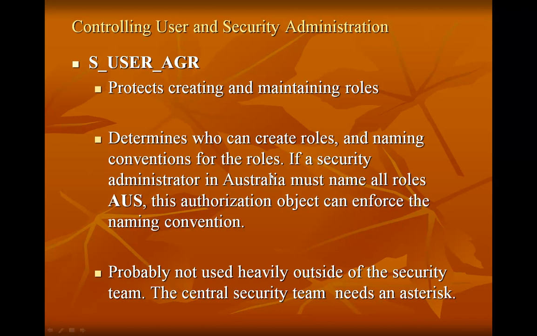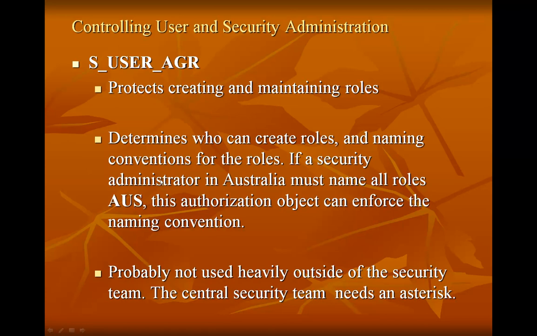For example, if a security administrator is in Australia, and Australia must name all roles beginning with AUS, this object can enforce that naming convention. If the Australian administrator wants to create roles beginning with AUS, then this object will contain 01, 02, 03, etc. in the activity field, and the second field, for role names, will contain AUS star.